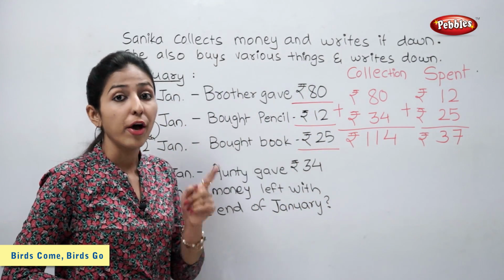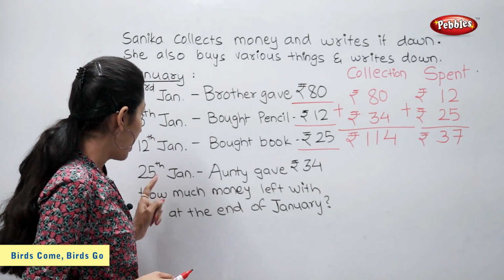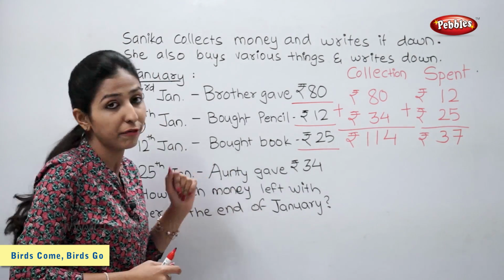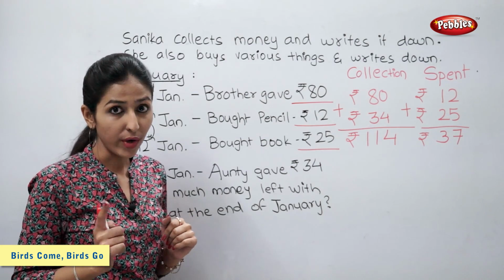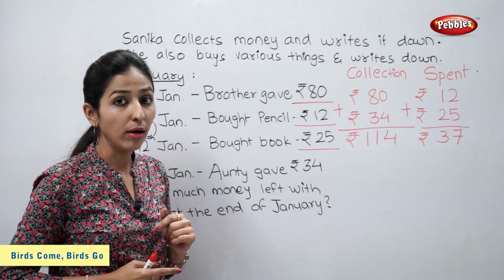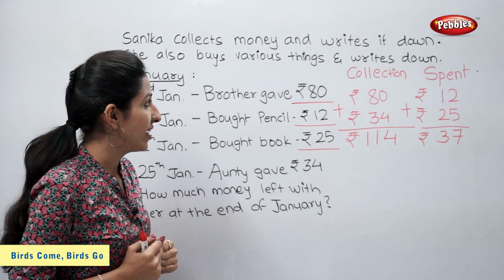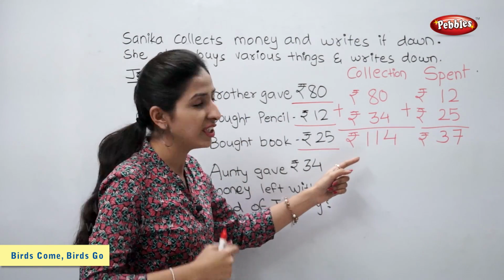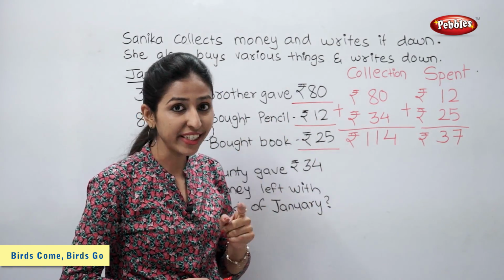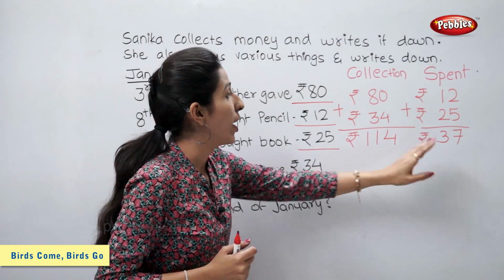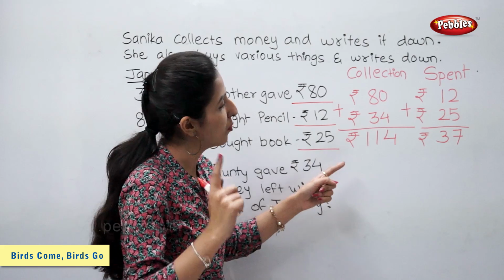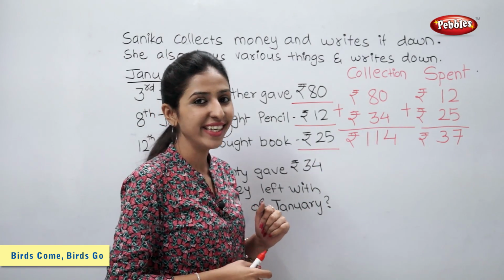Now students, we have to find how much money is left with her at the end of January. So, to find the final amount, we will subtract the amount spent from the amount collected. That is, we will subtract rupees 37 from rupees 114.